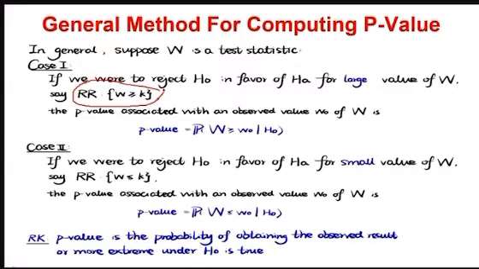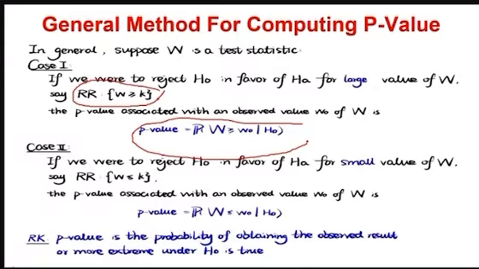In that case, your rejection region will be W greater or equal to K. And if I want to get the p-value associated with that, it's going to be the probability of W greater or equal to W0 given H naught.